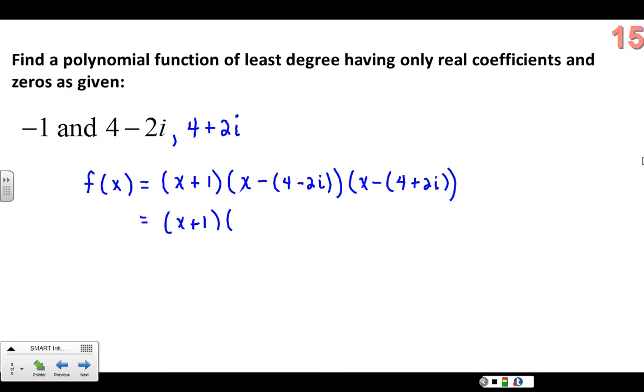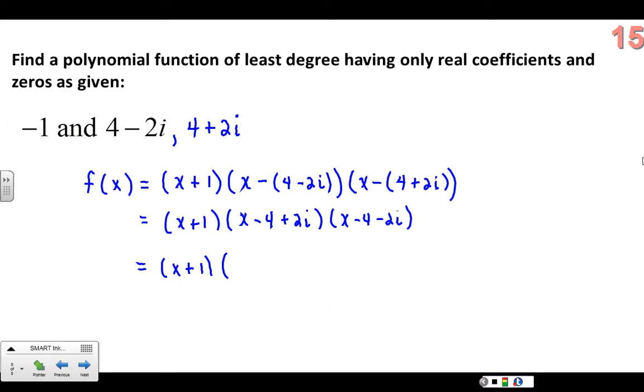A little algebra, the minus sign needs to be distributed, so I have x minus 4 plus 2i, and then x minus 4 minus 2i. So we can multiply stuff out. I think I might have better luck by multiplying the two complex factors together first. So x plus 1 times.